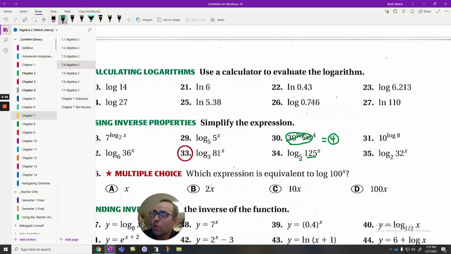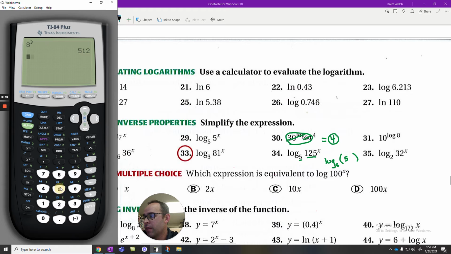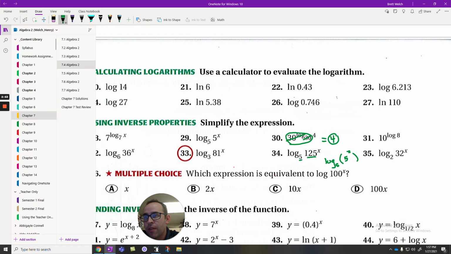Well, I can turn 125 into a base 5 problem if I can figure out how to write it. So this will be log base 5 of, and I need 5 to be my base. So I've got to replace 125 with 5 and an exponent. So I grab my calculator. 5 to the second is only 25. If I do 5 raised to the third, I get 125. So that tells me I can write this as 5 to the third.